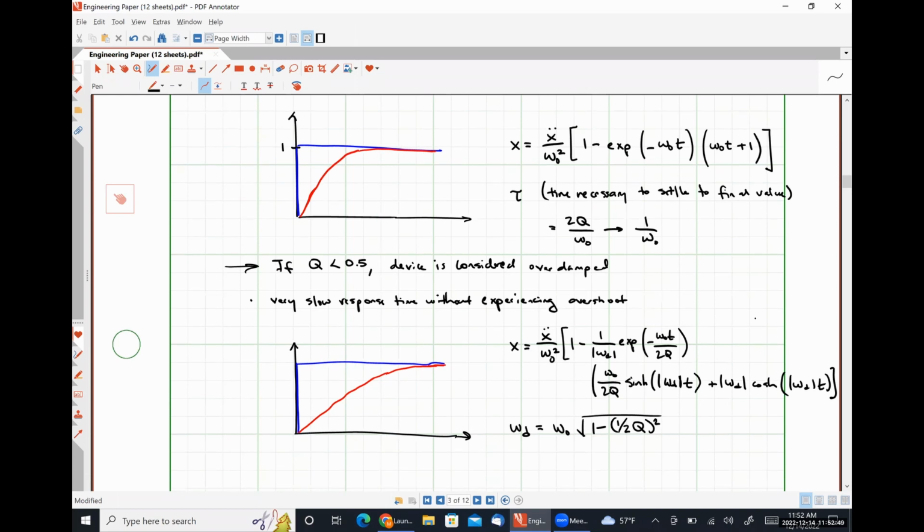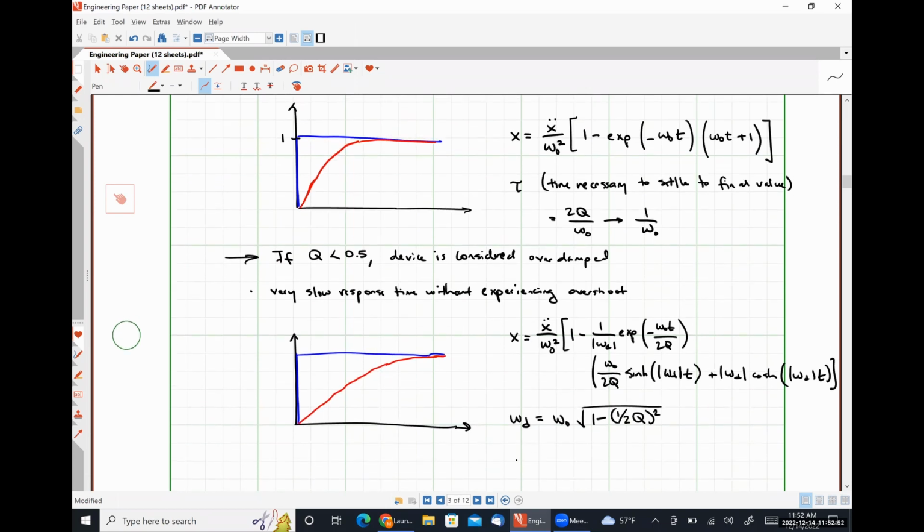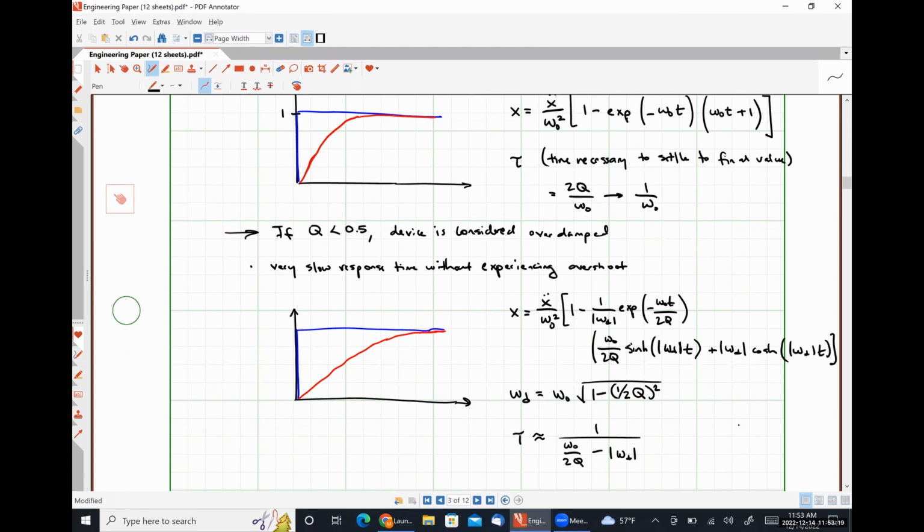And then the time it takes to settle, tau, will be approximately equal to 1 over omega naught over 2Q minus the absolute value of omega D. So 1/2.